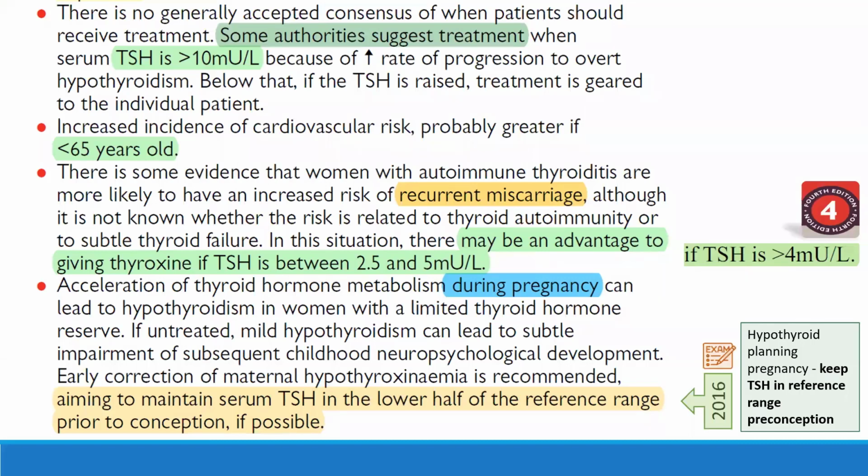But actually, a very important study published in the New England Journal of Medicine, the TABLET study, mentions that if TSH is less than 2.5 and the anti-TPO is positive, there is no benefit of treatment. So I think in recent guidelines, within the next few years, if TSH is less than 2.5, there is no role for levothyroxine.